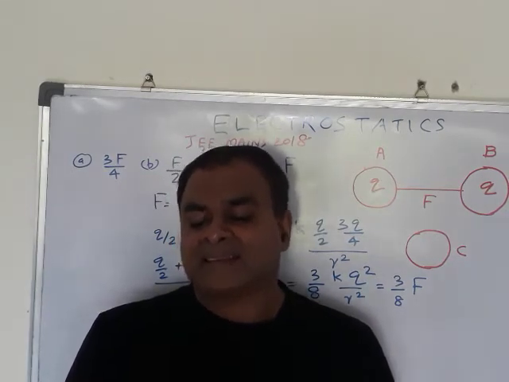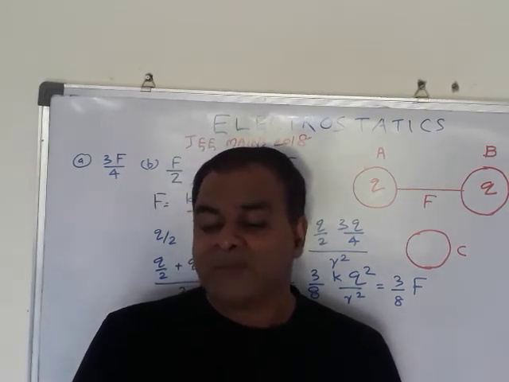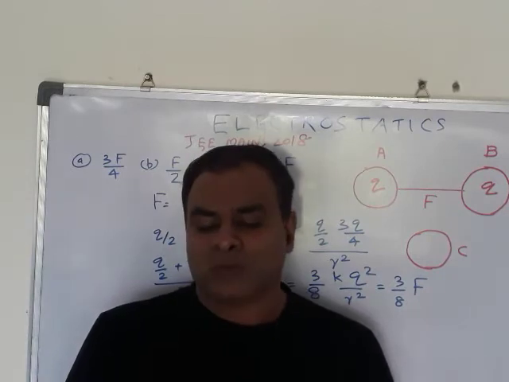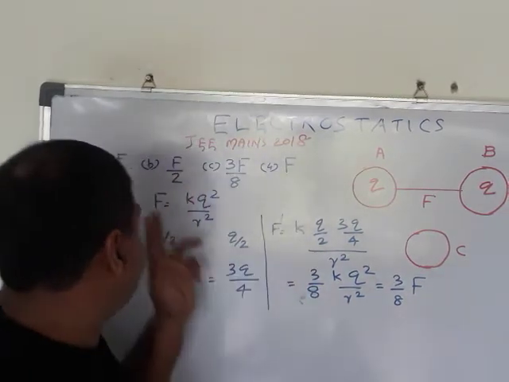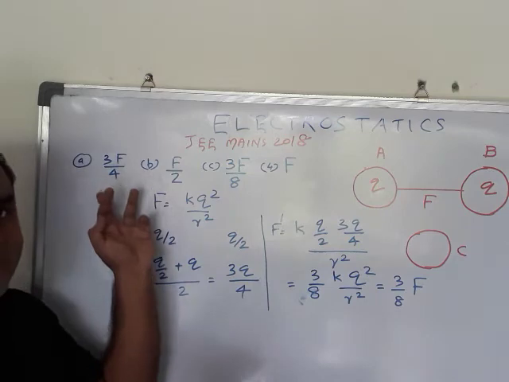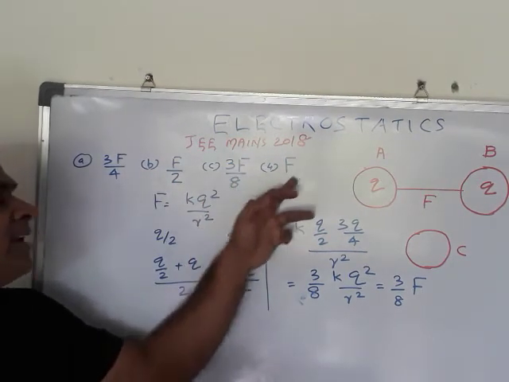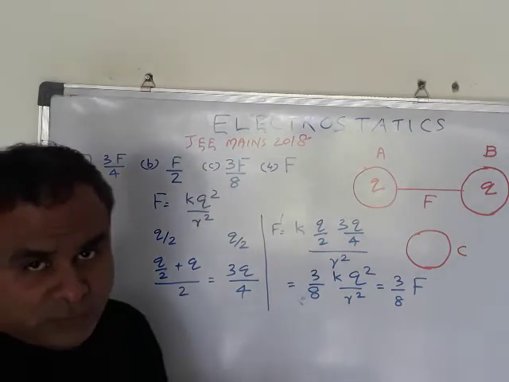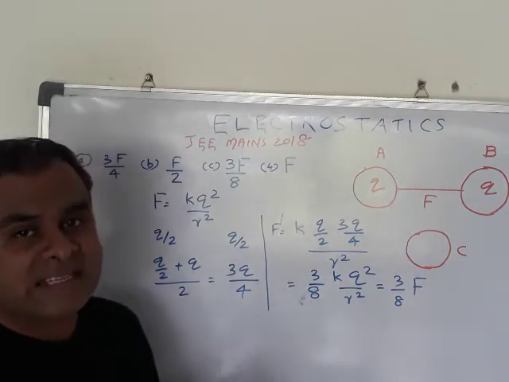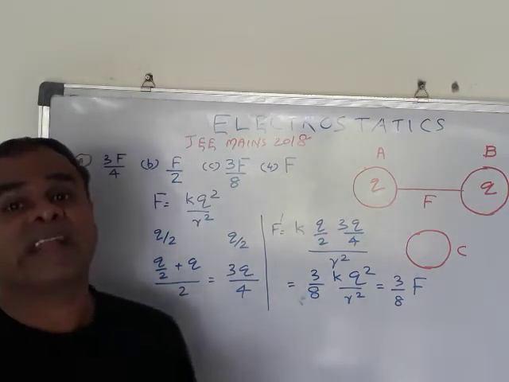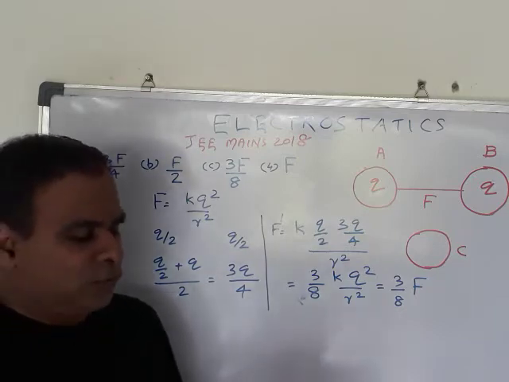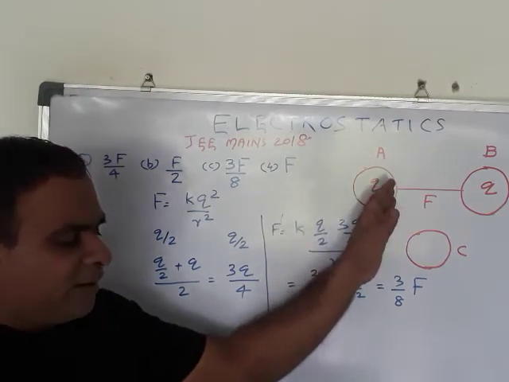As a result, the force between A and B would be equal to; the options are 3F by 4, F by 2, 3F by 8, F. So this is a question asked in JEE Mains 2018.